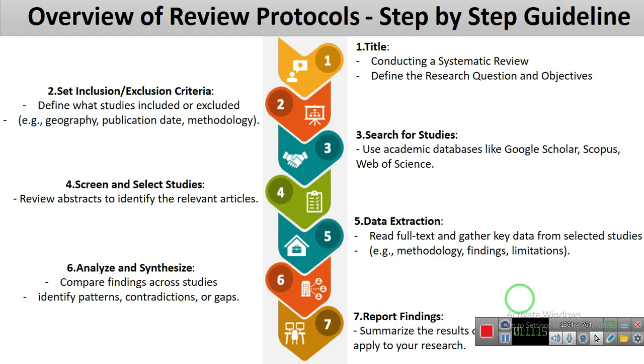In the next section, we have data extraction. After finding the most relevant papers to our work, we can read the full text and gather key data from the selected studies. This is the data collection process. For example, we want to focus on a specific methodology; under specific methodology, we have to write it down. We have to focus on the findings. We have to focus on the limitations.